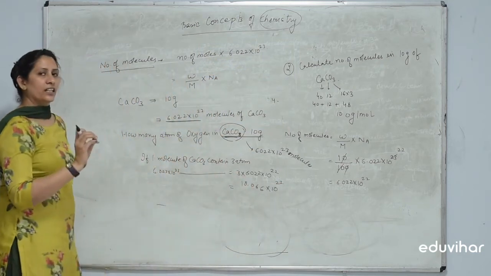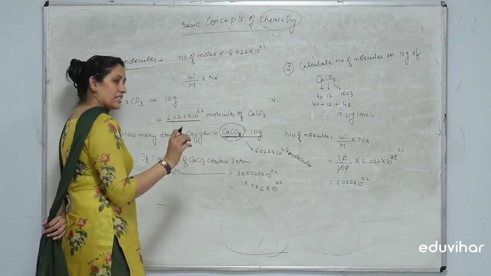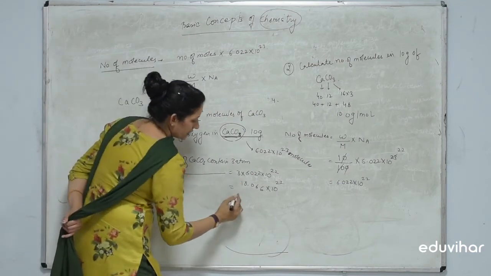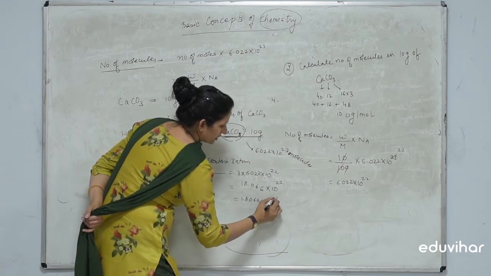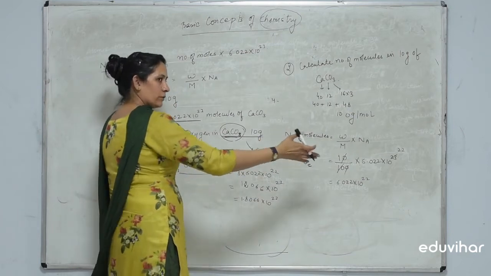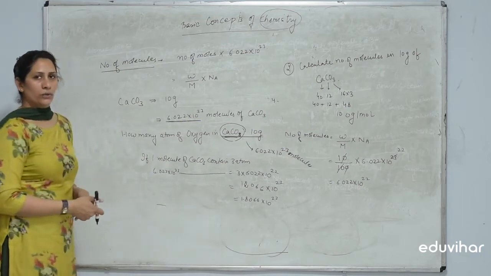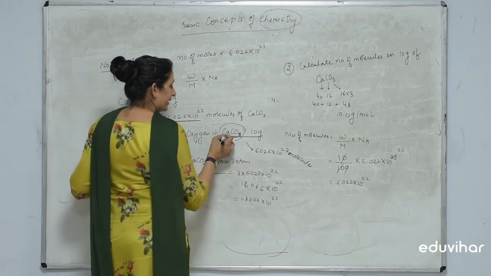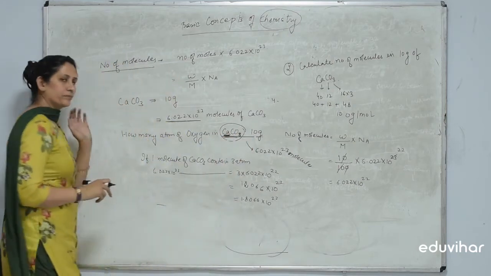If I write in scientific notation, the decimal point should come after the first digit. That is 1.8066 into 10 to the power 23, because I moved the point by one place. Whenever we move the point from right to left, we add 1 to the power of 10. Is it clear? Okay. Next question is, calculate the number of atoms of calcium in 10 gram.